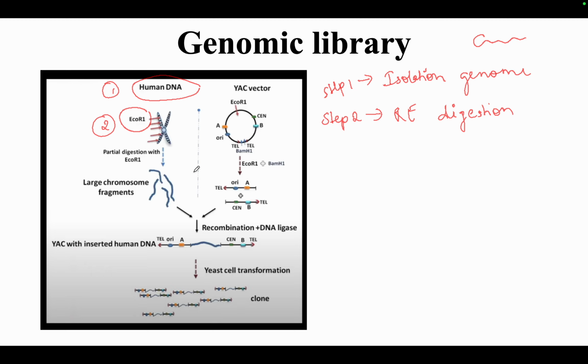We'll use a suitable restriction enzyme such that it will not chop within the gene, but will chop just outside our gene. If this is our gene, it will just chop outside the gene, in the flanking regions.